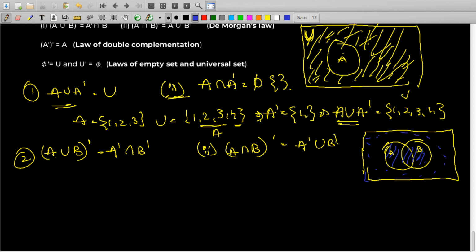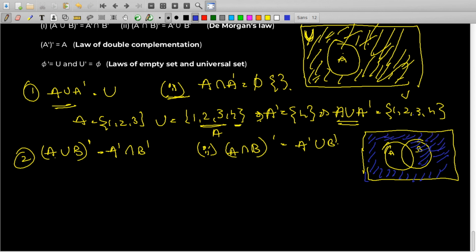Now that was the left hand side, right? It says that this outer area is equal to A complement intersection B complement. Okay, let's see that. Let me just erase this. It says that we have to find A complement first. So A complement is this one. Hold the B part as well.